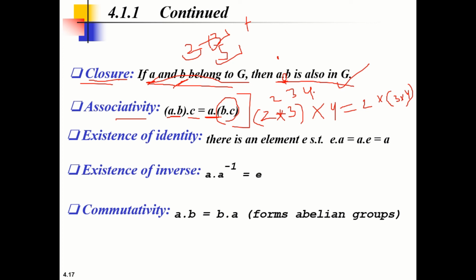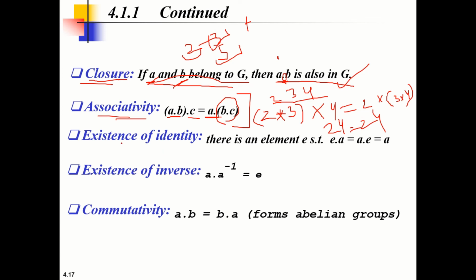Both of these expressions give you the value 24, so they are equal. So we can say that the elements 2, 3 and 4 are associative.